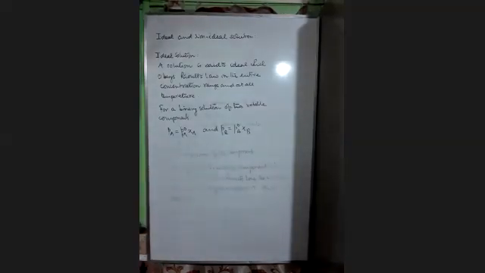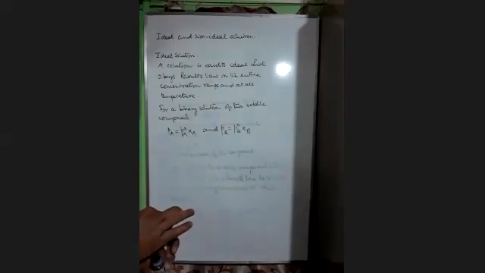Pressure of solvent and solute. Write down, where PA and PB are the partial vapor pressure of solvent and volatile solute respectively.